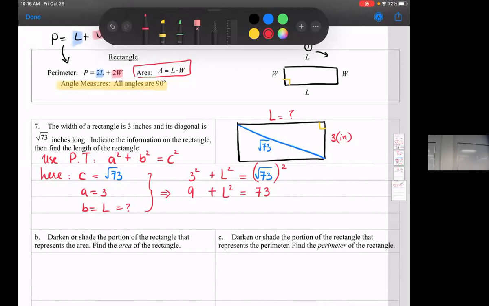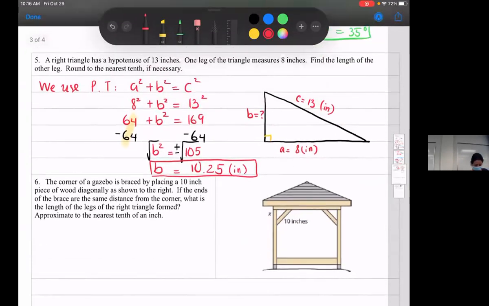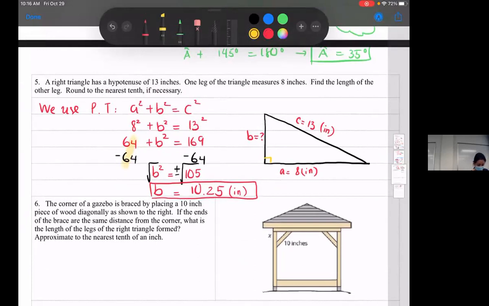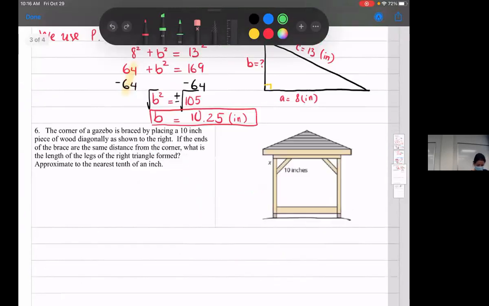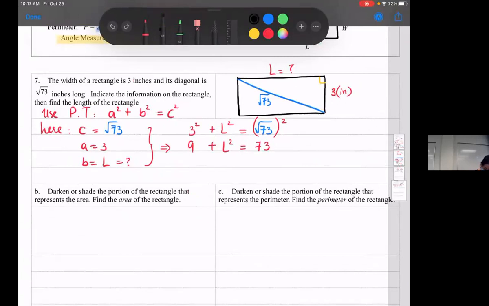That's what we remember here. Let me go back up. Right here. Square and square root cancel, and that's why we have b. So subtract 9 from both sides. Again, I record this, so don't worry if you're confused.